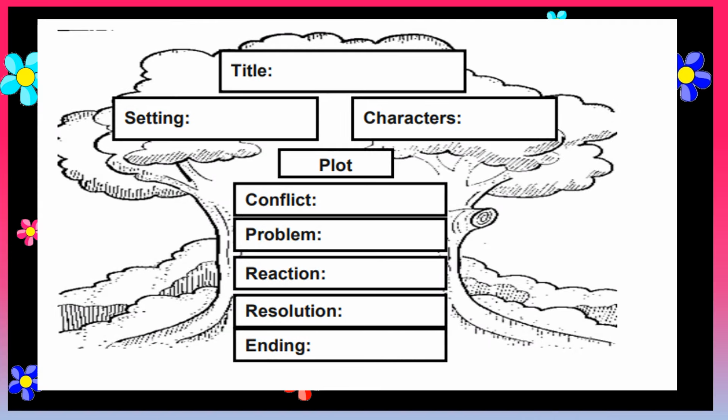So this is what you're going to fill out, class. You're going to fill out the title, the setting, the characters, and of course the plot. So remember, you have to identify the conflict, problem, reaction, resolution, and ending of the story. There you go.